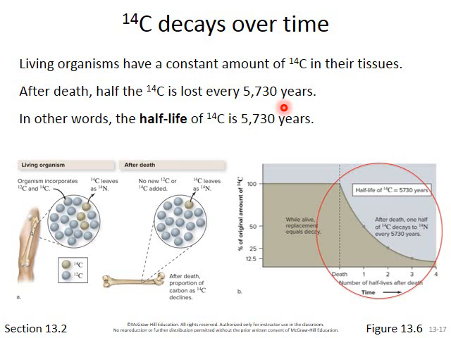If that happens again, another 5,730 years, it will split in half again, which will be 12.5%. And so every time this amount of years passes, half of what was there will be gone. And so this is pretty precise. The amount of decaying that happens here is right on the money when it comes to time-wise.